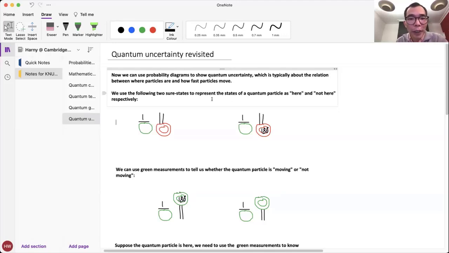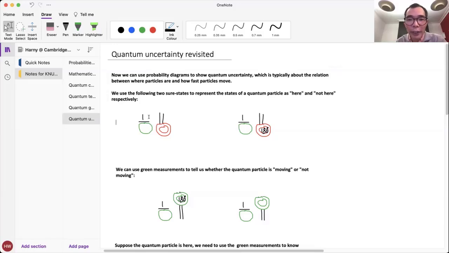Let's say that we have two sure states here. Two sure states, because as we have said, if we trace them out, if you discard the output, you will get 1 for each of them. So let's say we have 2 sure states, which represent the states of a quantum particle.